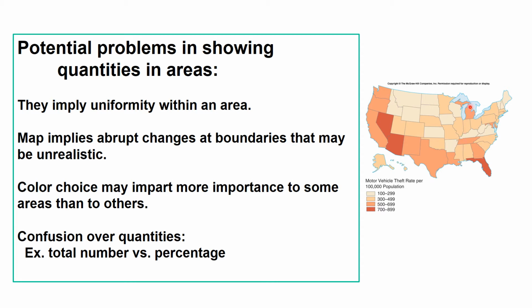But probably in Michigan, most of that theft rate is explained by the southern portion of Michigan, the area around Detroit. I'll bet the theft rate up here on the Upper Peninsula of Michigan is pretty low. But you have to shade in the entire unit the same, so it implies uniformity that might not actually exist.